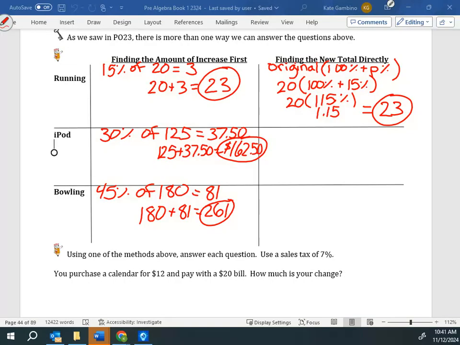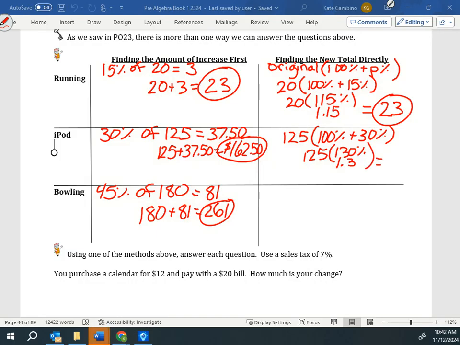So if we're looking at our iPod, what would be my original number? Harper? 125. And I'm going to multiply that by 100% plus what percentage? 30%. So that's 125 times 130%, or 1.3.